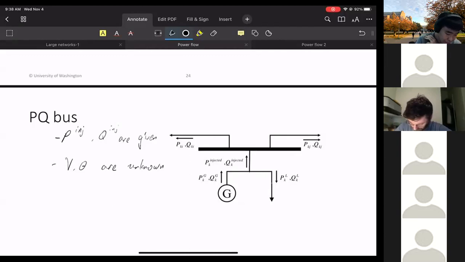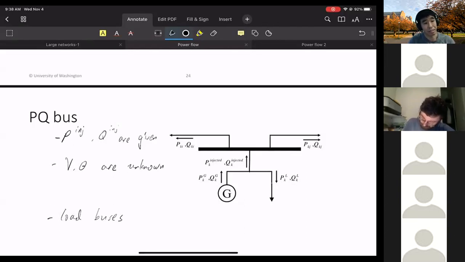PQ buses are basically load buses. Load buses are PQ buses because if you're a load, especially if you're sitting after a power electronics conversion stage, voltage is not an issue. All you are doing is drawing constant power, constant P and Q. Most loads have a power factor associated with them, so you don't only draw active power, you also draw reactive power.